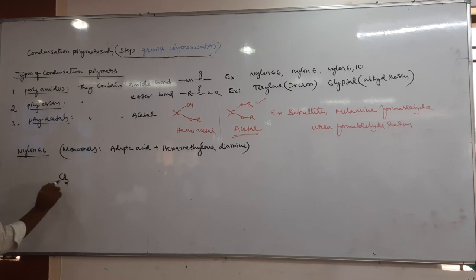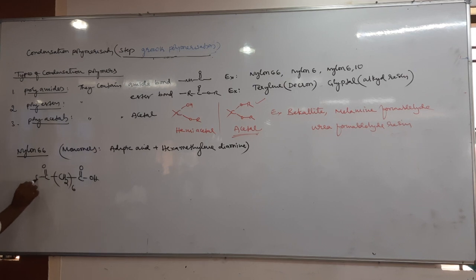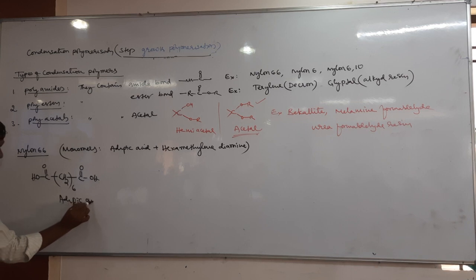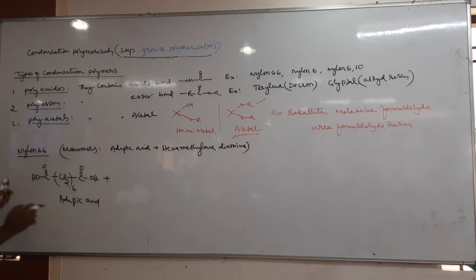So therefore it is CH2, 4 carbons, C double bond OH, and there is another carboxylic group. This is adipic acid plus hexamethylene diamine.